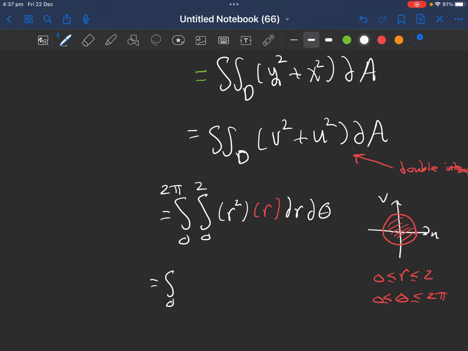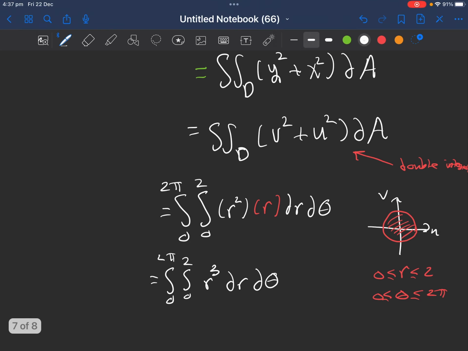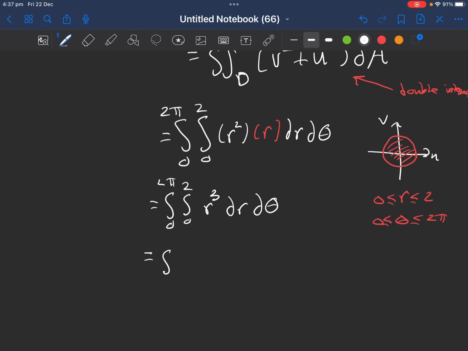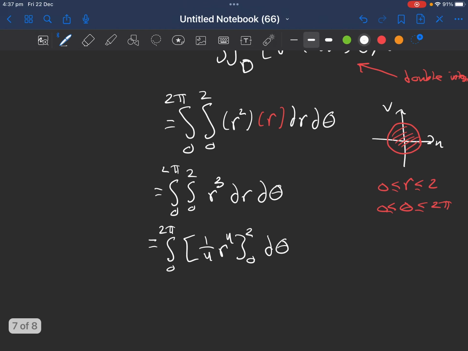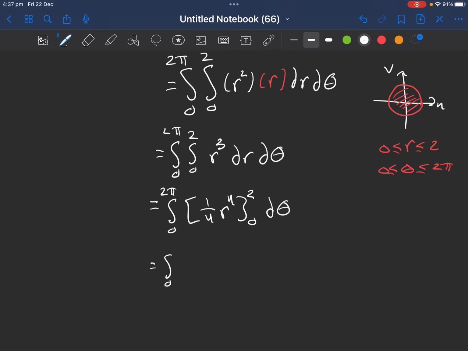So I will get this integral here of r cubed dr d theta, and the integral of r cubed is just 1 over 4 r to the fourth from 0 to 2 d theta, and this will be just the integral from 0 to 2 pi. If we substitute 2, this will give me 4 d theta, so the final answer is 8 pi.